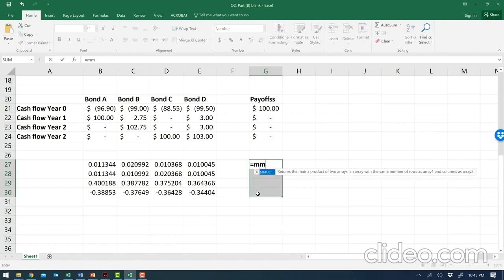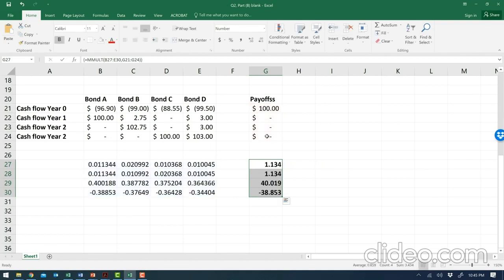So I will use the following function, MMULT. This is a multiplication function that multiplies two arrays or two matrices. So I'll select the first one, comma, and I will select vector B. And now I will hold Shift and Control, and then I will hit Enter.